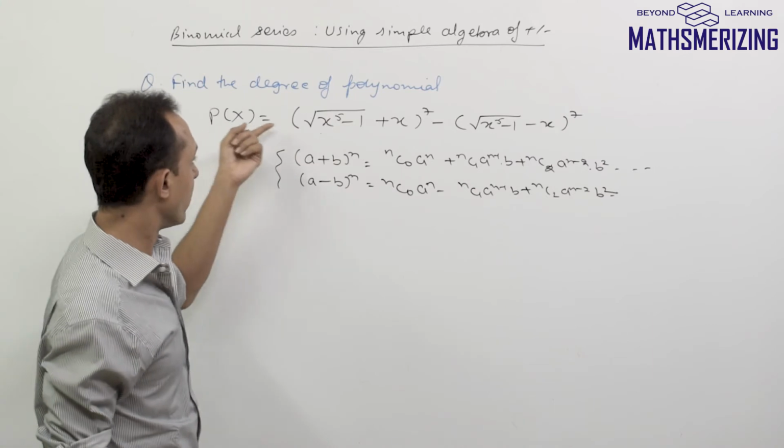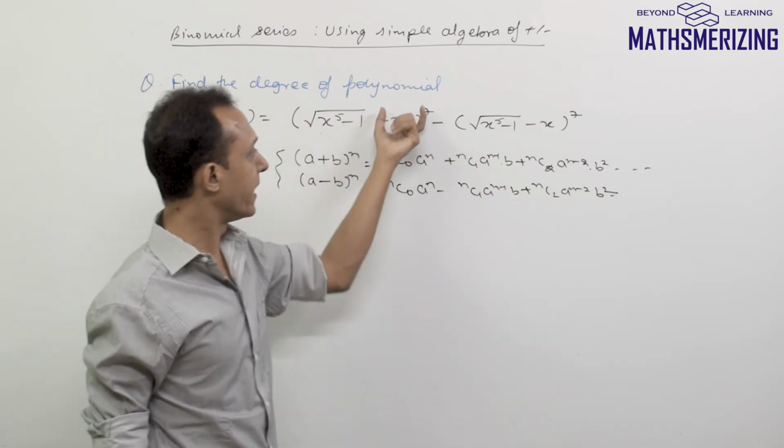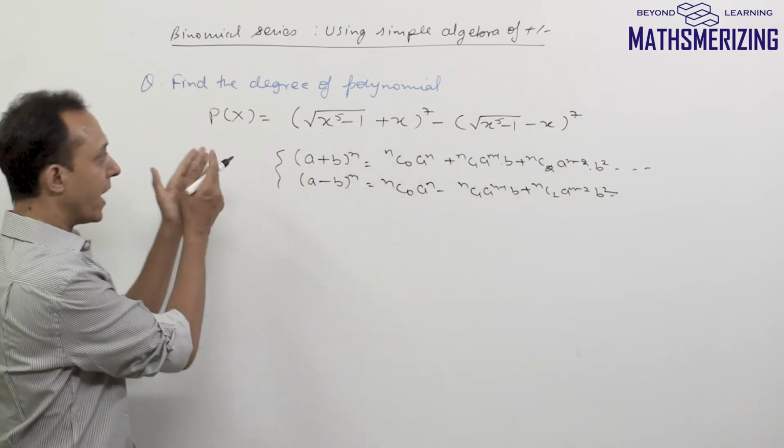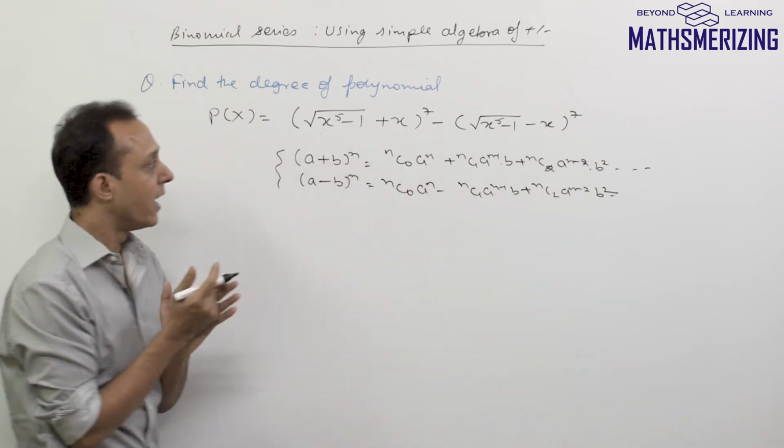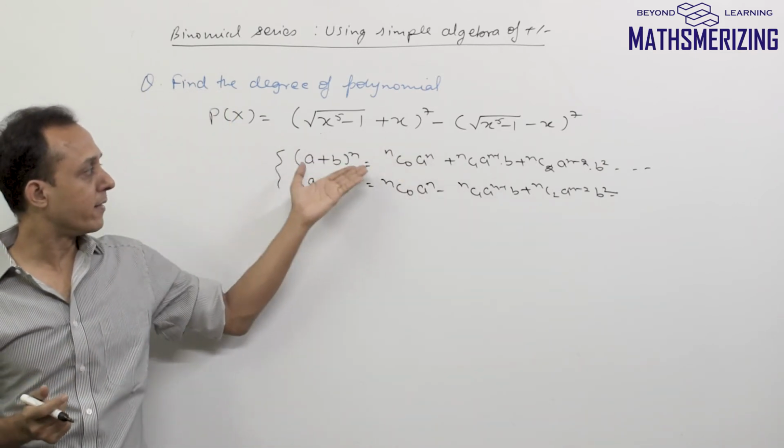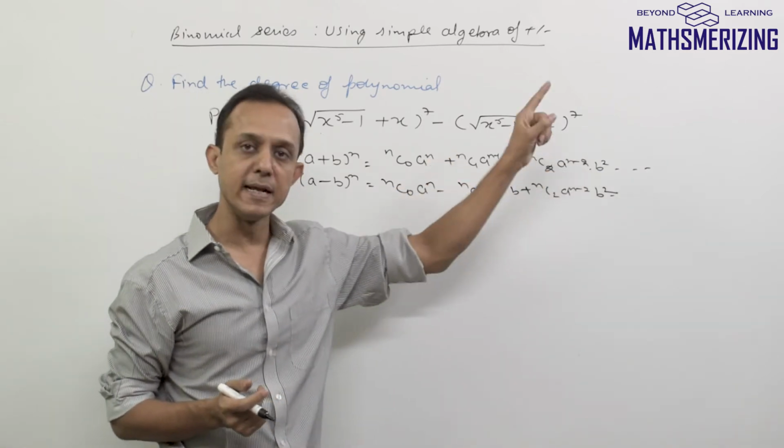So in the given polynomial, I see it as (a + b)^n minus (a - b)^n. So I need not write all the 8 terms. I'll just need to write 4 terms, the terms containing nC1, nC3, nC5 and nC7.